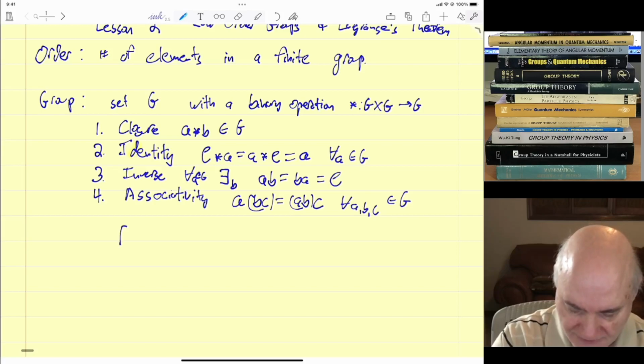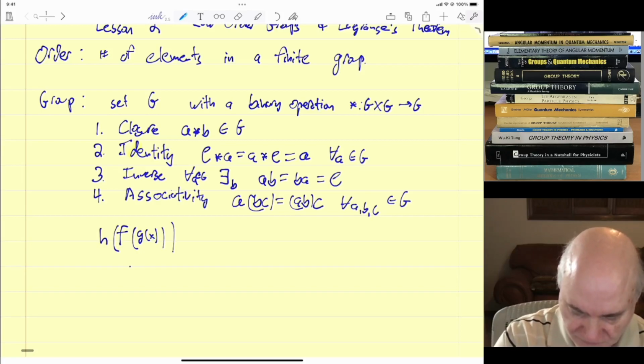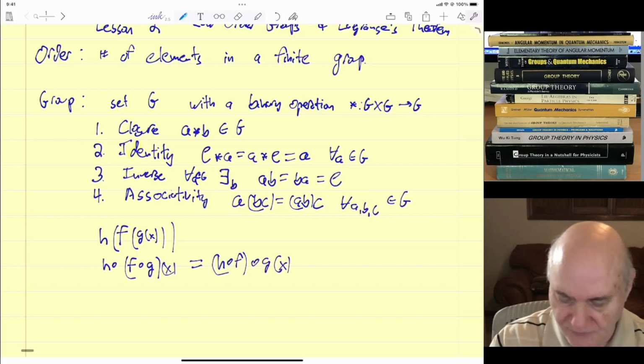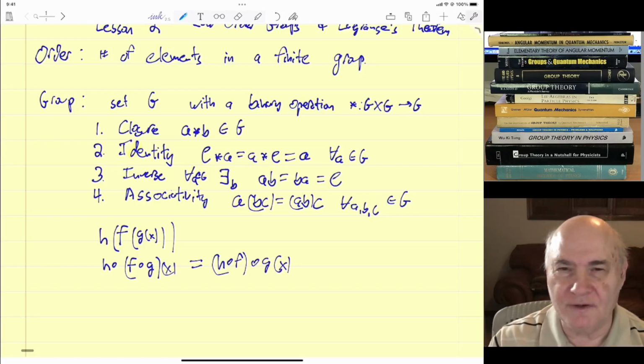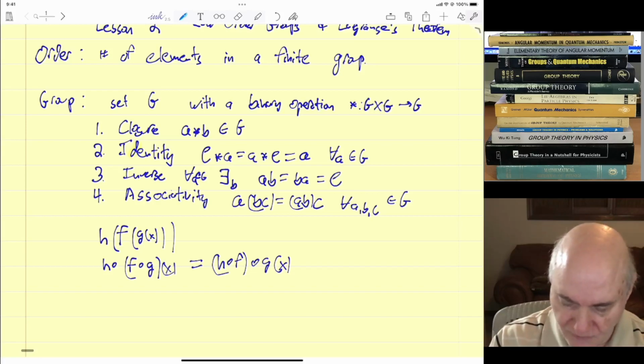We have f of g of x, and we have h of that, and we would write h composite f composite g applied to x. We know by definition this is the same thing as h composite f composite g applied to x. So if we're using certain functions or various things like that, we know associativity would hold.